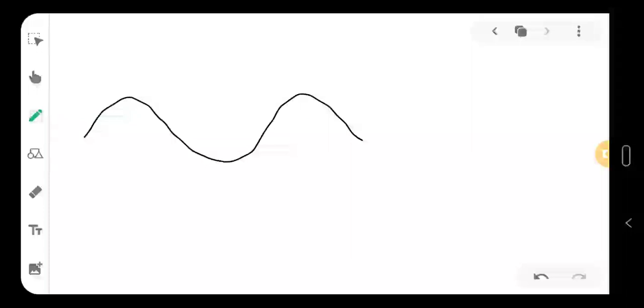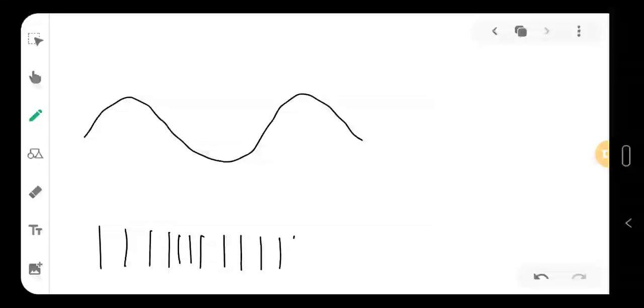And if I draw something like this, let's say this is the air medium, and the air is compressed here and decompressed here, again compressed here, again decompressed here. This kind of situation is nothing but your longitudinal wave, right?